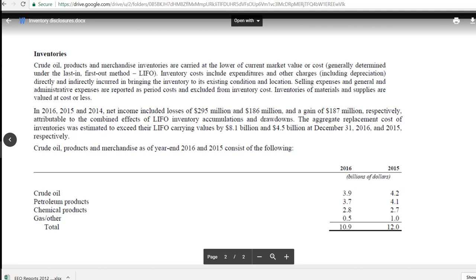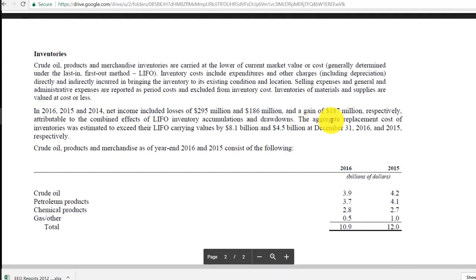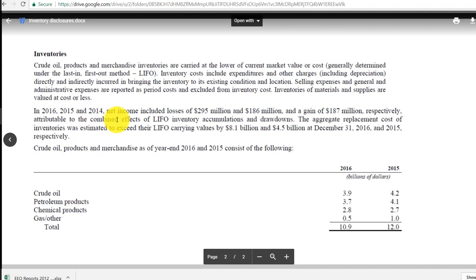And to give you an idea of what the disclosure might look like, this is a footnote from ExxonMobil, and you can see that right here they talk about the aggregate replacement cost of inventory was estimated to exceed their LIFO.